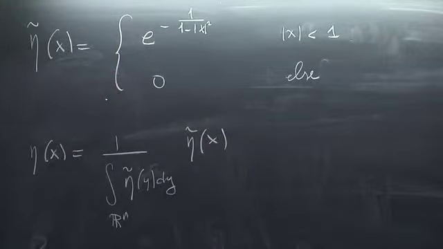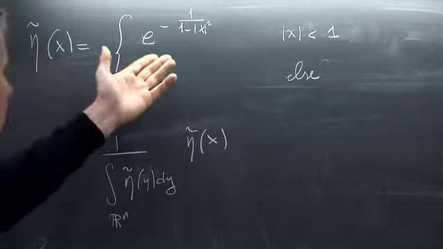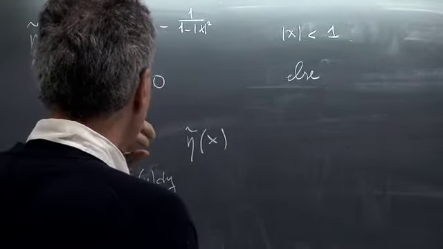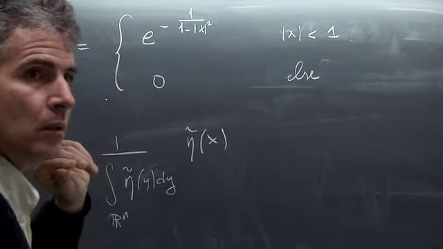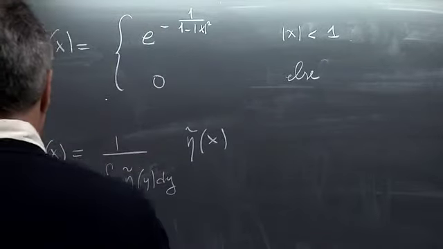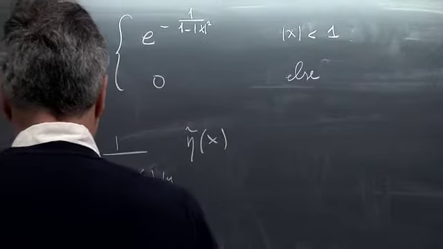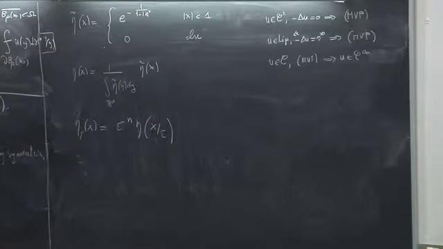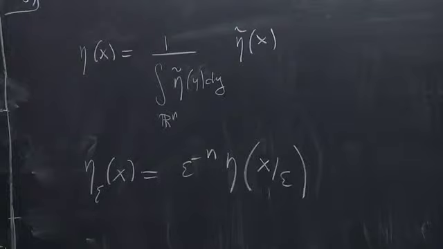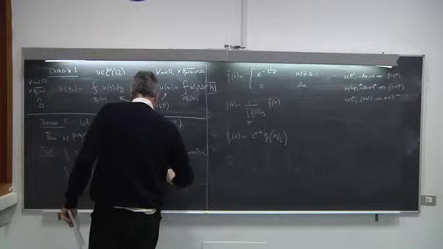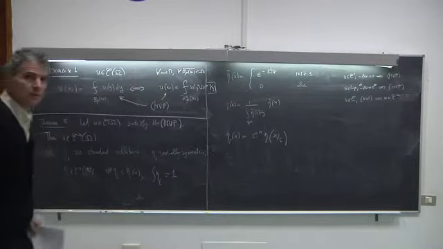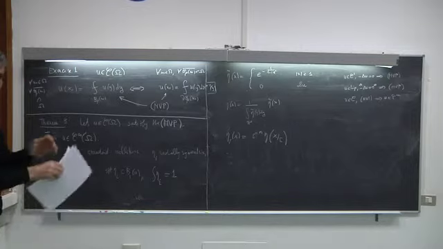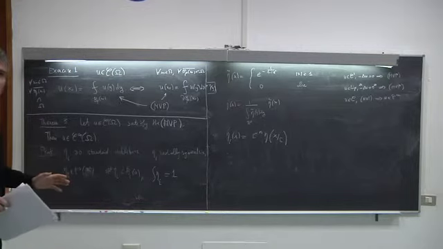Okay, so it is simply a smooth function. And then there is eta epsilon of x equal to epsilon to the minus n eta of x over epsilon. Okay? So that we always have this normalization. Okay? So standard sequence of mollifiers.